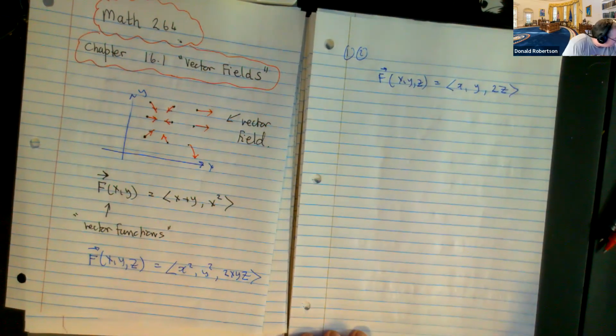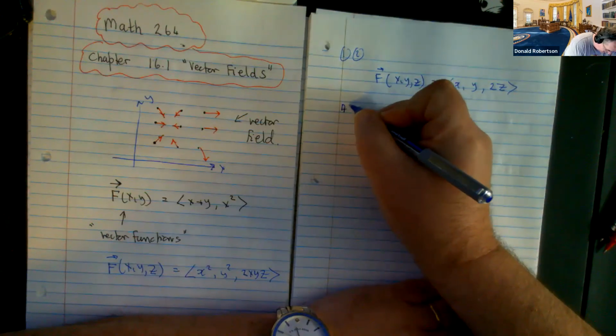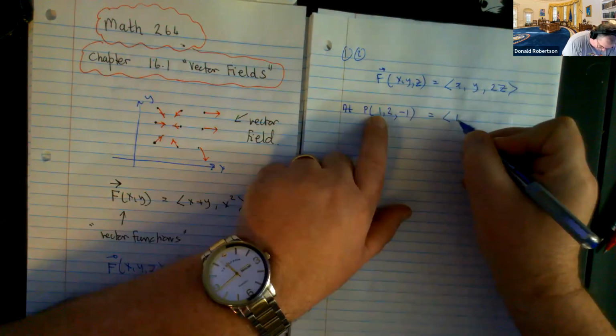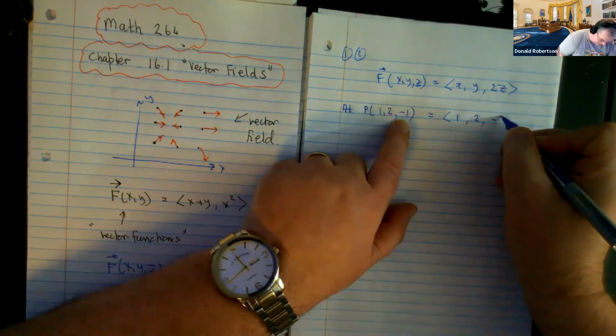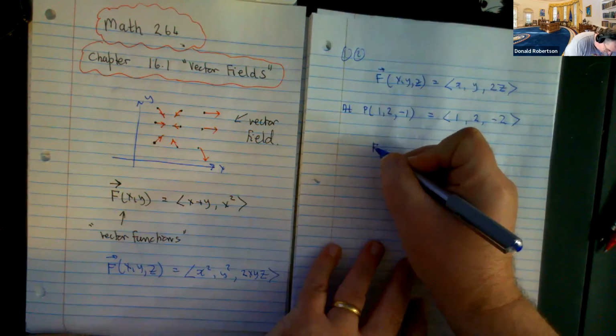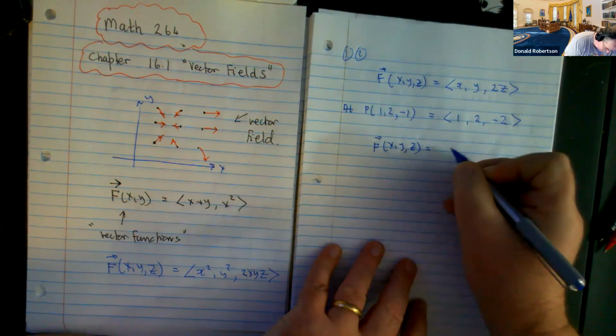If you're asked to find the value of the vector at a given point, let's suppose at 1, 2, -1, it's as simple as x is 1, y is 2, and there's your third component. That's pretty intuitive. That's how you find one specific value of a vector function. Now they could give you the vector function like this.